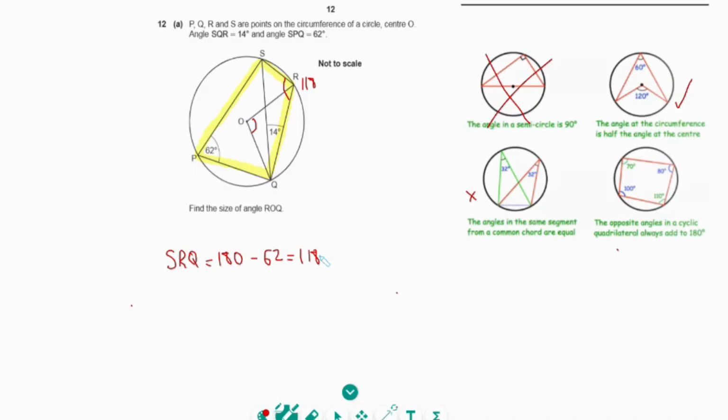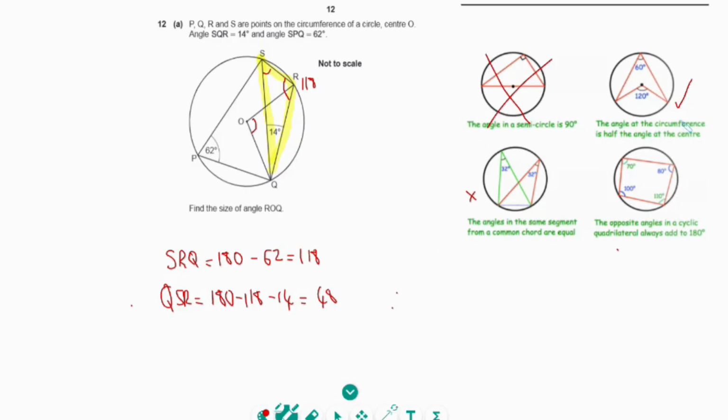Okay, then I've noticed we have a triangle here. Angles in a triangle add up to 180, which will help us find this one, QSR. So 180 minus 118, take away 14, is 48.